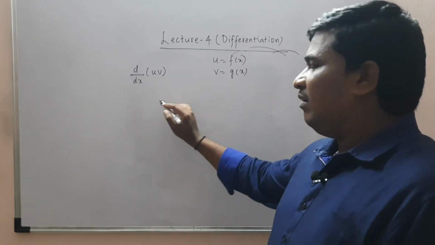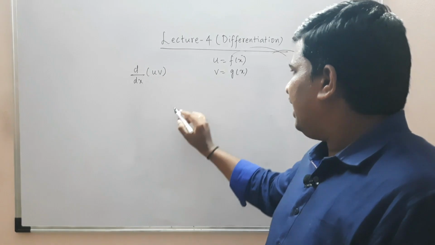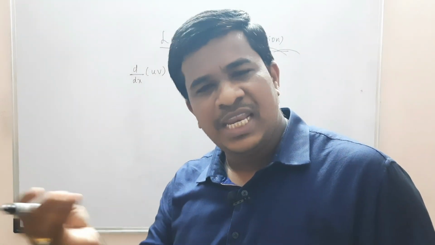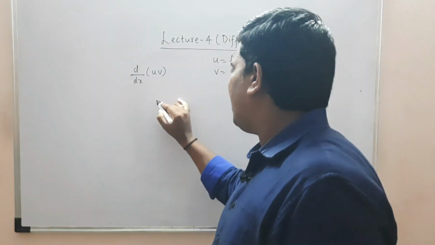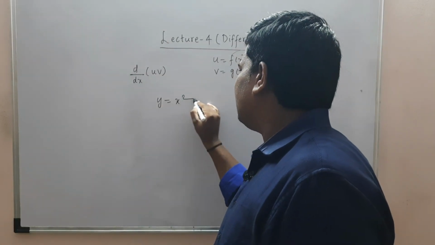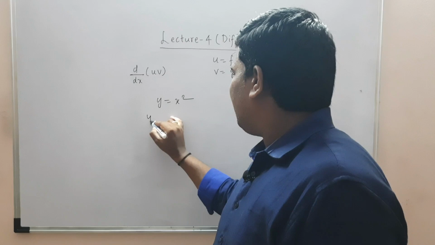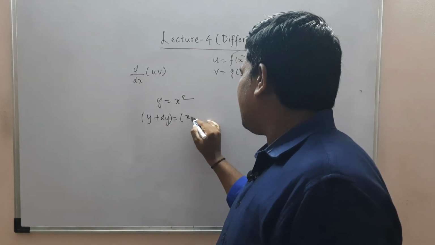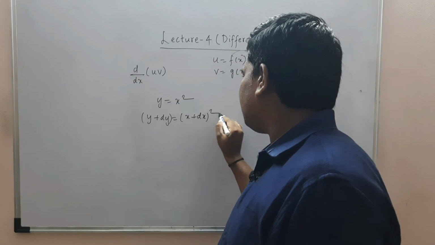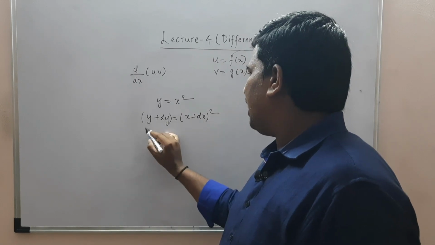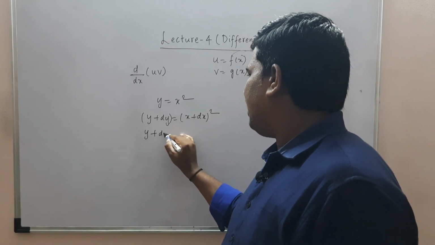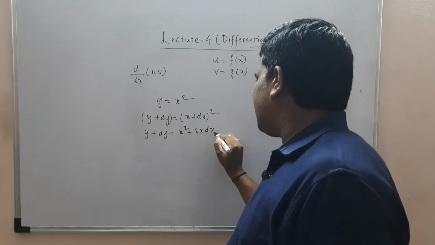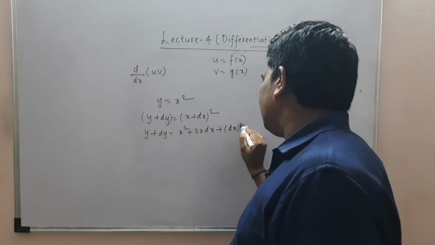Now, in the previous video, in order to find the derivative of something like y equal to x square, what did I do? I wrote y plus dy, which is equal to (x plus dx) whole square. So y plus dy is x square plus 2x dx plus (dx) whole square.